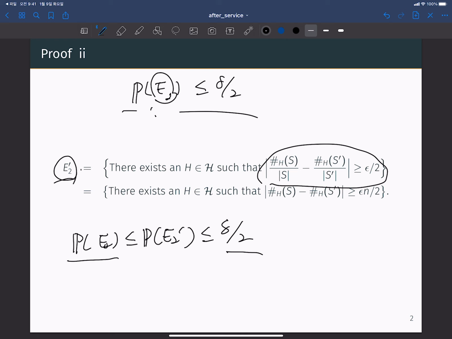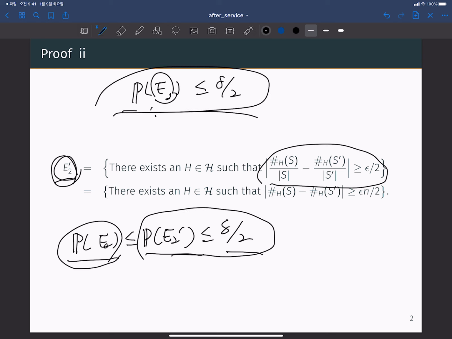So E2 prime is a superset of E2. From this fact, we can upper bound the probability of E2 by the probability of E2 prime, and then from the remaining proof, we show this, and we can conclude the theorem.